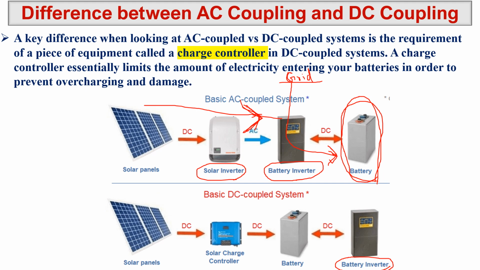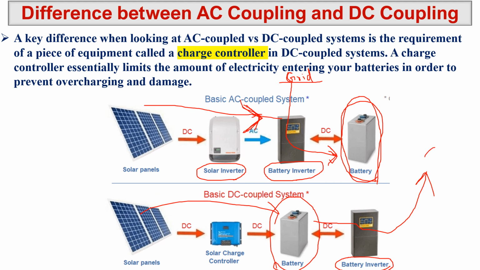But in the DC coupled system, look here. The battery charging is the primary work done. Whatever energy the solar panels produce, first charge it into the battery. If the battery is fully charged, then we are discharging, and using the inverter, convert to AC and sell it to the grid or supply to the house.